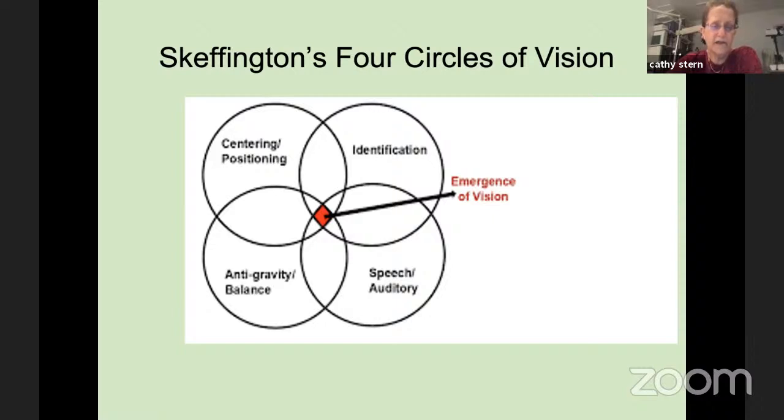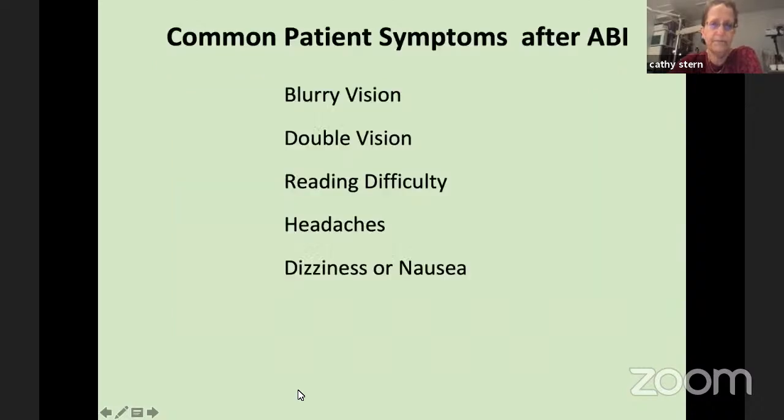But I ask them the name of each picture as I show it, before I start the test. And I often find that if they cannot name it, they cannot draw it. Even though they see it, if they don't have a name for it, they cannot draw it. That's where I noticed this speech auditory piece is such a big piece of this emergence of vision.